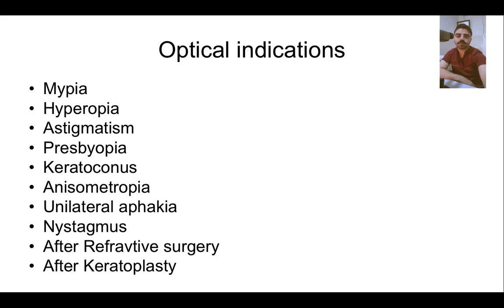Obviously, this condition cannot be corrected with regular glasses, because glasses can create a huge image difference, and that causes aniseikonia, and the patient will not be able to have binocular single vision. So in order to correct this condition, we have the option of contact lenses, and a contact lens will provide better vision to the patient, and he will not experience any sort of aniseikonia in contact lenses compared to glasses.